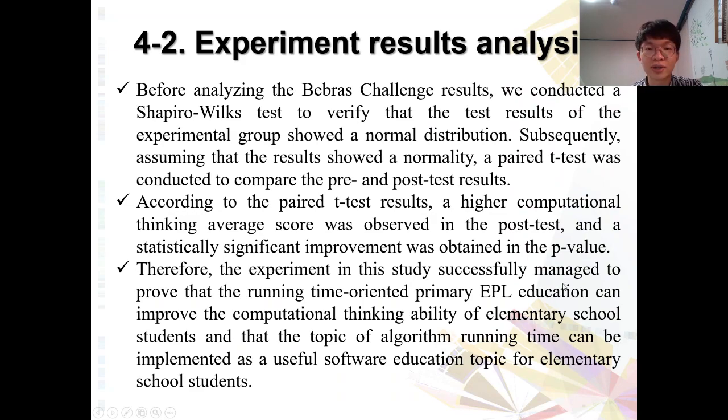Before analyzing the Vibras Challenge result, we conducted a Shapiro-Wilk test to verify that the test result of the experiment group shows a normal distribution. Assuming the results show normality, a paired t-test was conducted to compare the pre- and post-test results. According to the paired t-test result, a higher computational thinking average score was observed in the post-test, and a statistically significant improvement was obtained in the p-value.